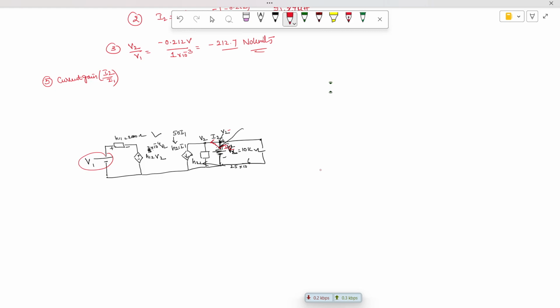In the circuit, you can see here, this is the network given to us. The magnitude of this one is nothing but 50 I1, and this is a parallel source.